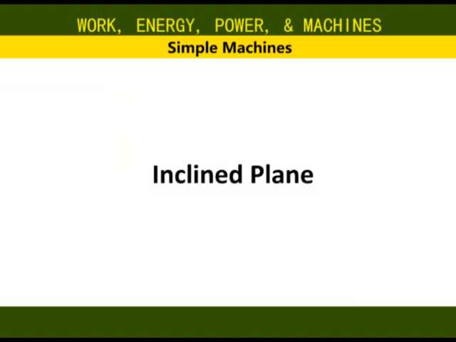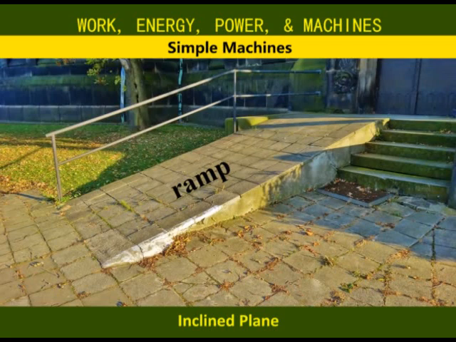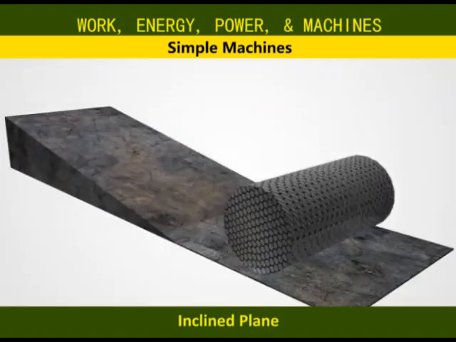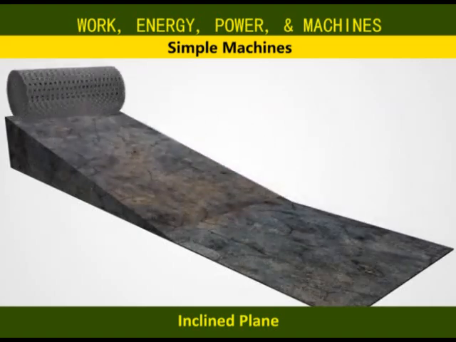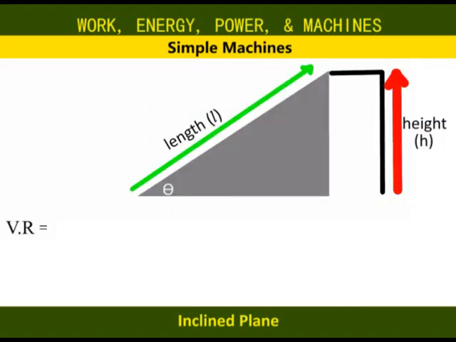Next, inclined plane. A ramp of any form is a simple machine and makes moving up and down of any load much easier. So you can slide down any heavy load or slide it up the ramp. The velocity ratio of an inclined plane is given by the effort distance over the load distance.